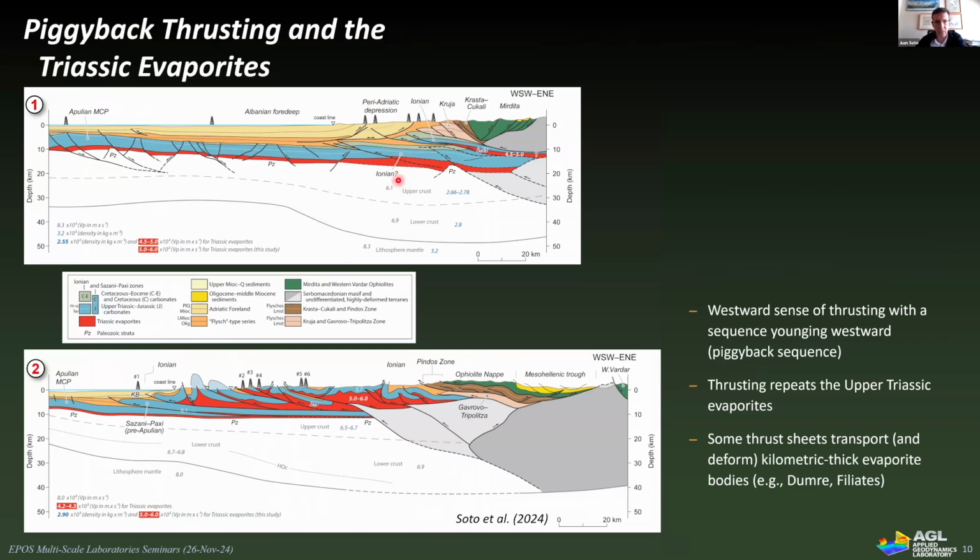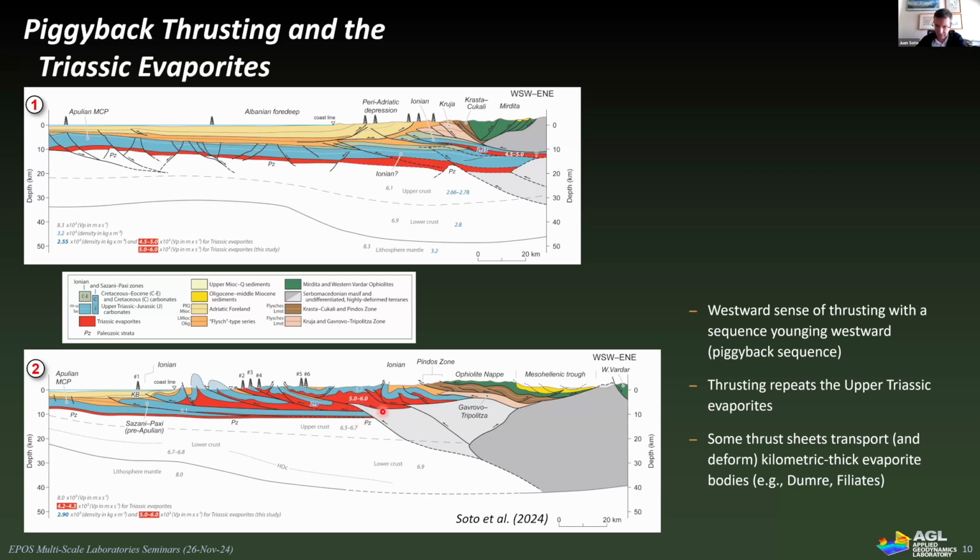But look at the structural style in the orogen from Albania in the north, section 1, to Greece in the south. You can see that we have different thrust sheets imbricating the Triassic evaporites. And in some cases, we have areas with very thick accumulations of Triassic evaporites.